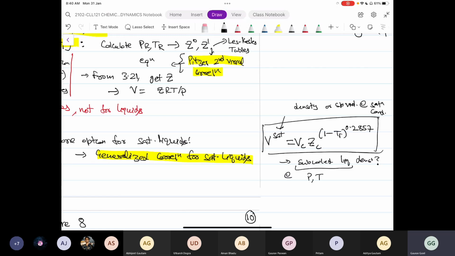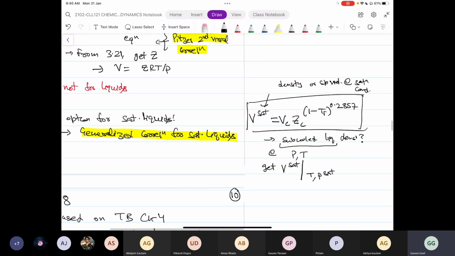So one option would be to get the specific volume of the saturated liquid at the given temperature and the saturation pressure corresponding to this temperature. The other way around, I could have said given pressure and the corresponding saturation temperature. However, then I would have needed to make a change in temperature to get the liquid property, and that can lead to more errors. So I will get the liquid property at the given temperature and corresponding saturation pressure.